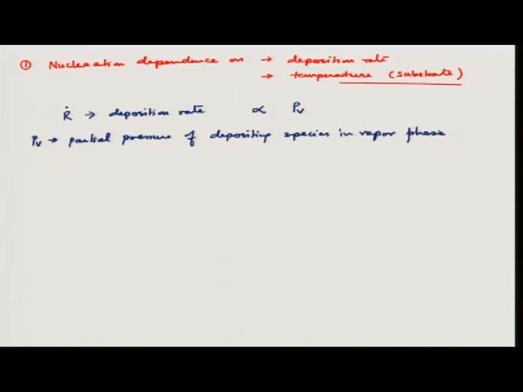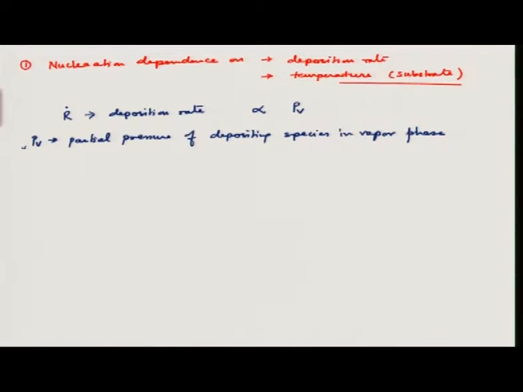So, this is going to be proportional. So, for example, for thermal evaporation, if we increase the source temperature, then we will have more of the source material in the vapor phase, and hence PV will increase and the deposition rate will increase. Okay.